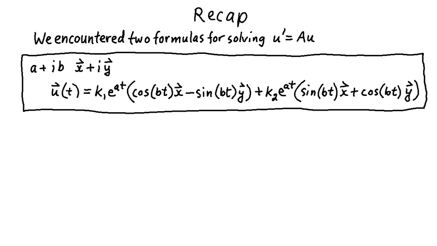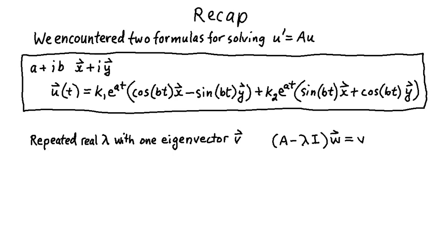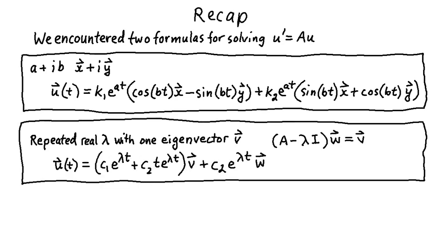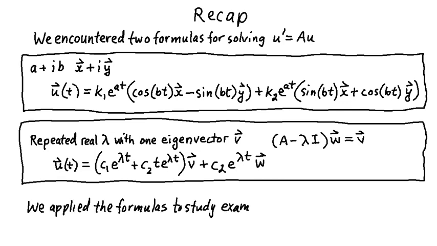The second formula assumed that the matrix had a repeated real eigenvalue that was itself associated with one family of eigenvectors. The second formula relied on a second vector we called W. In both cases, we applied the formula we encountered to study an example, and we plotted the resulting solution.